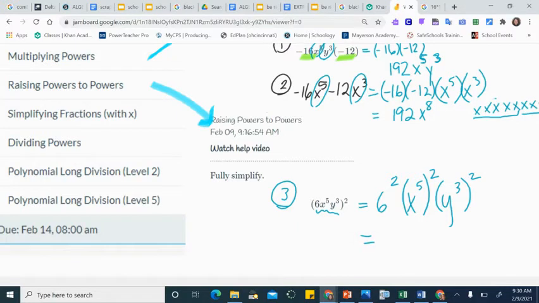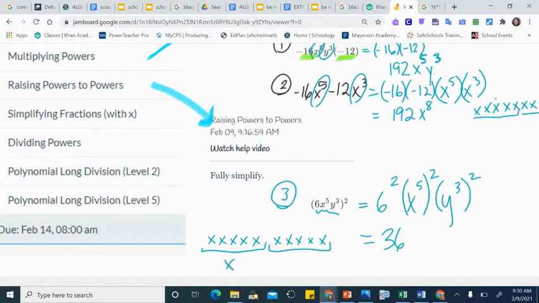Well, 6 times 6, not 6 times 2, is 36. And let's think about what x to the fifth squared means. X to the fifth squared means take x to the fifth, 1, 2, 3, 4, 5, and multiply it by itself. So there's 5 of them, and then multiply another 5. 1, 2, 3, 4, 5.